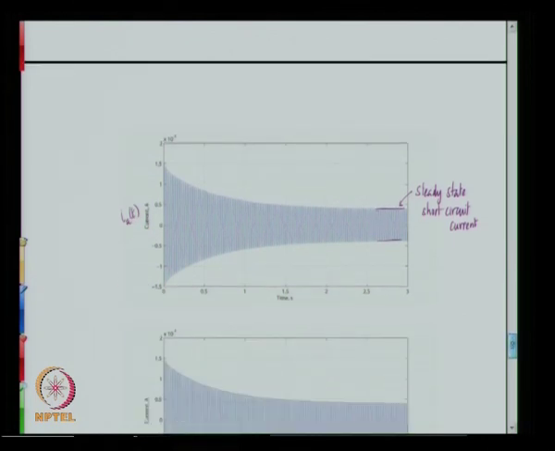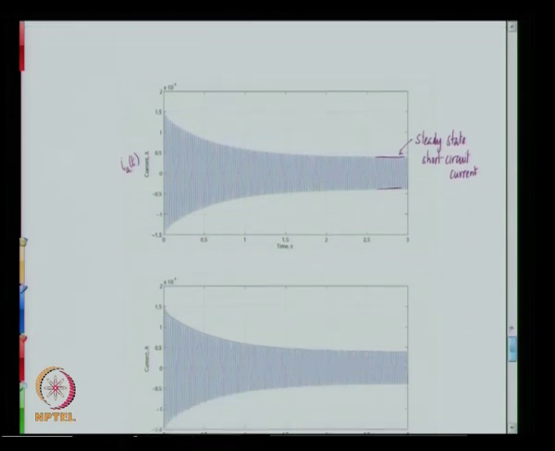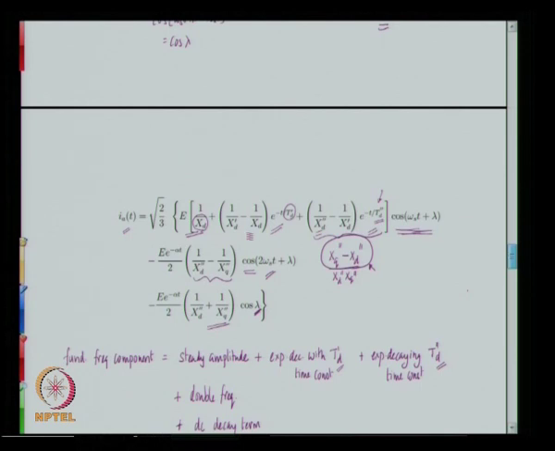Since this looks like an exponential decay, we can now superimpose on this the expression which has the exponentially decaying term, that is this part: 1 over xd prime minus 1 over xd into e power minus t by T double dash d.